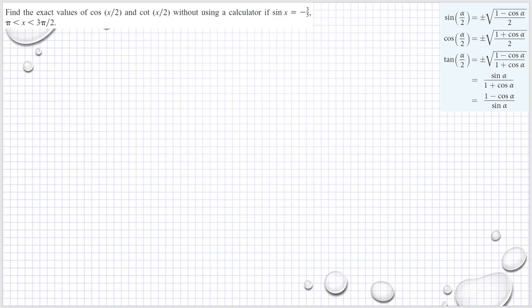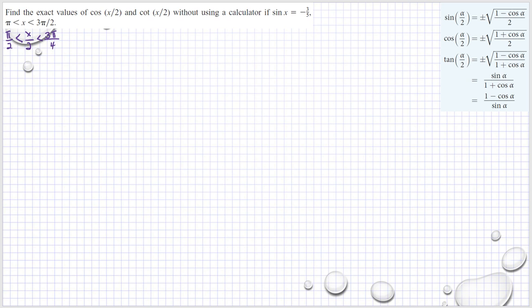Third, find the exact values of cosine x over 2 and cotangent x over 2 without using a calculator if sine x is equal to negative 3/5 and x is between pi and 3 pi over 2. That means if we have x over 2, it is between pi over 2 and 3 pi over 4.